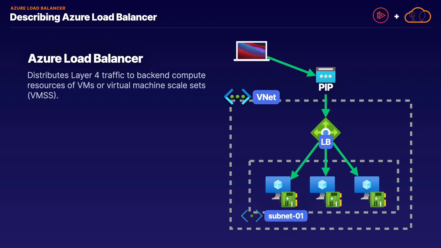And Azure Load Balancer also supports availability zone specific deployments. So if we want to deploy into AZ1, AZ2, AZ3 for our Azure Load Balancer, it also supports internal and external load balancing. Obviously, in this example, we have an external Azure Load Balancer, but we could also use an internal Azure Load Balancer for distributing traffic privately across resources.